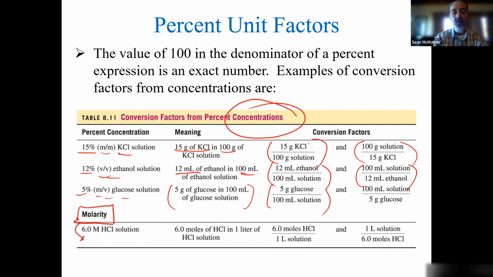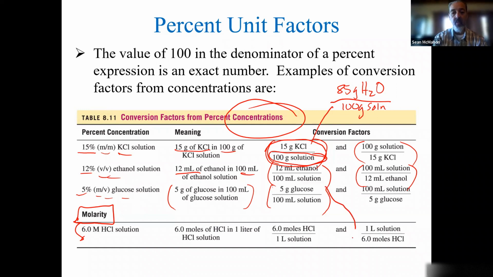So in the top two, if this is mass to mass, if 15 grams of the solute is potassium chloride, and the total solution is 100 grams, I could also say there's 85 grams of water per 100 grams of solution, right? Because 85 plus 15 is 100, the total.